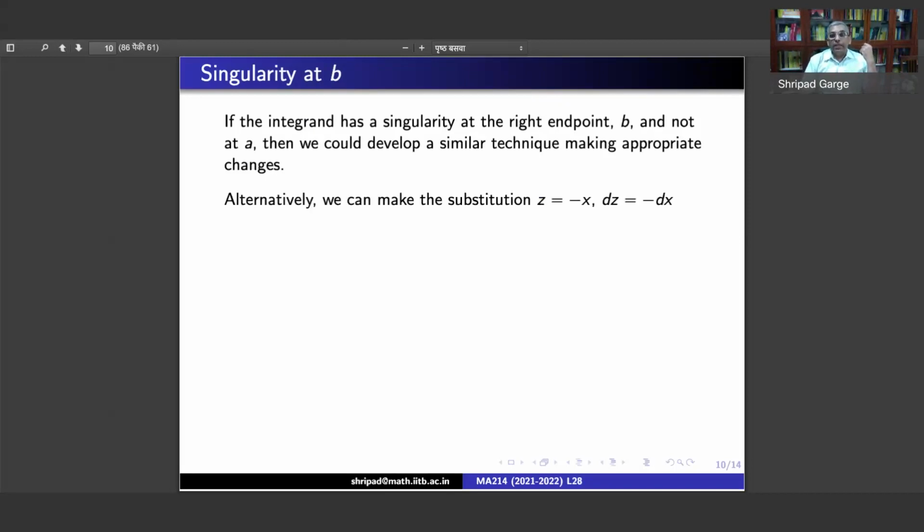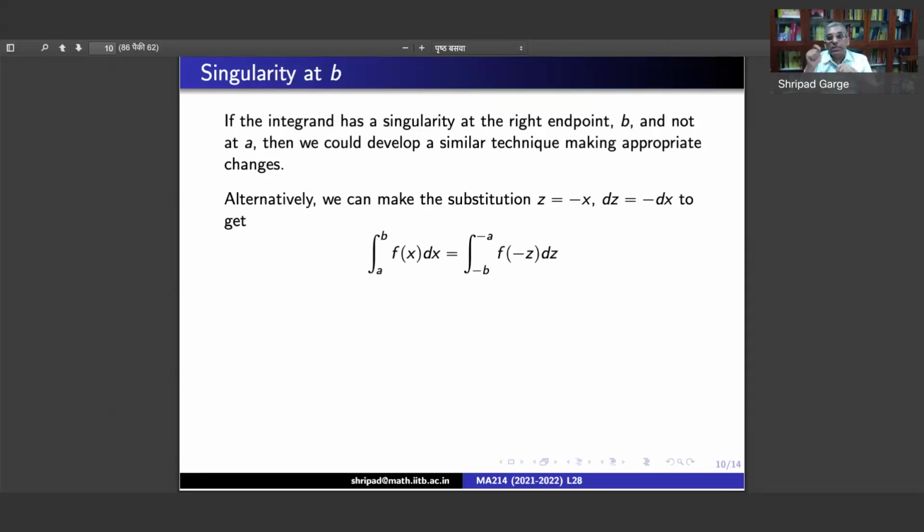But alternatively, what you may do is apply the substitution z equal to minus x, which will give you dz equal to minus dx, and then the integral from a to b of f(x) dx is the integral from minus b to minus a of f(minus z) dz. Now a is less than b, and therefore when you multiply by minus 1, minus a is going to be bigger than minus b.